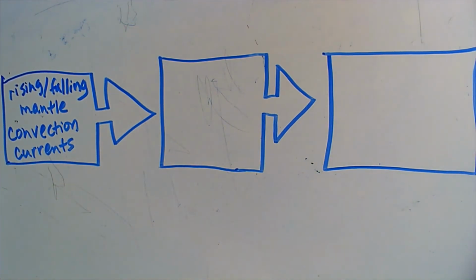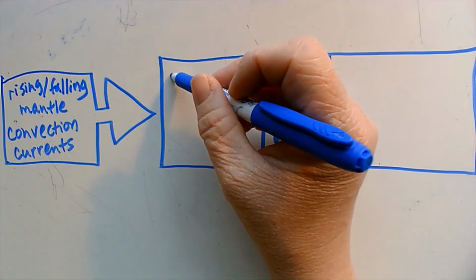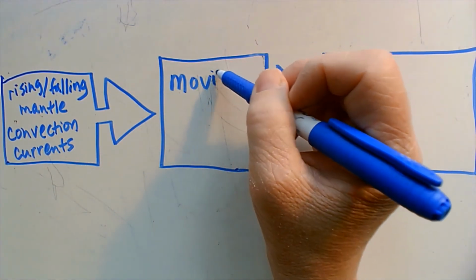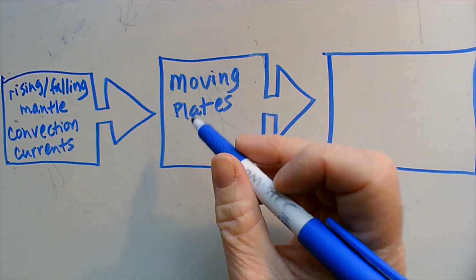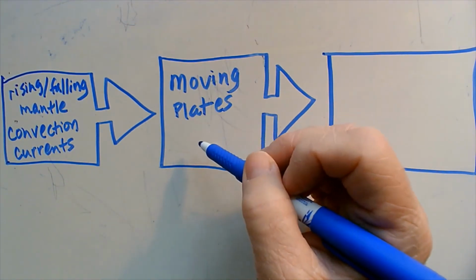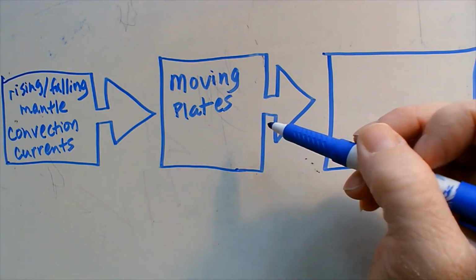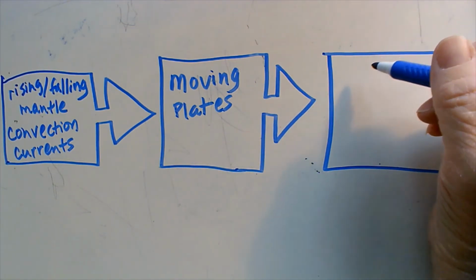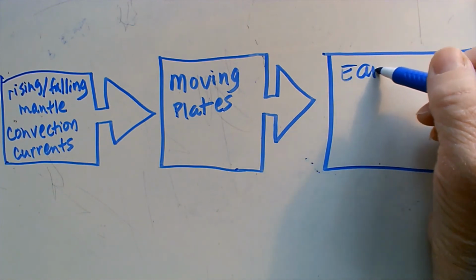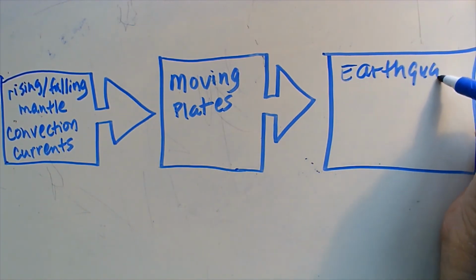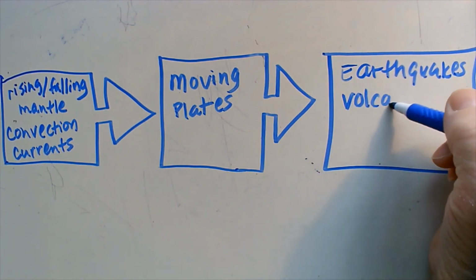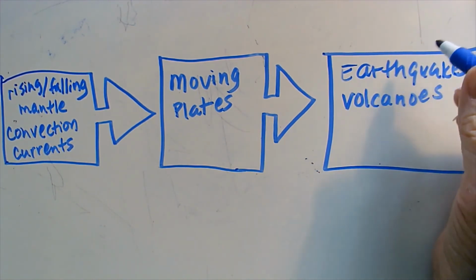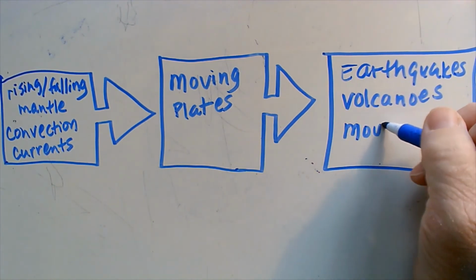Well, the convection currents have some effects like moving the plates. And we talked about the different ways that happens, the different types of plate movement. All of those different types of plate movement together will cause things like earthquakes, volcanoes, and mountains to be built.